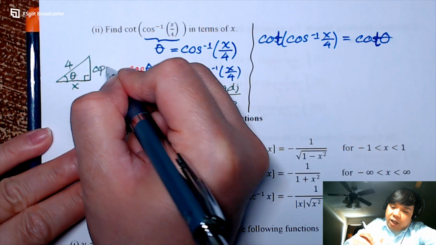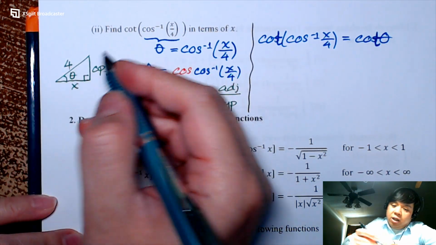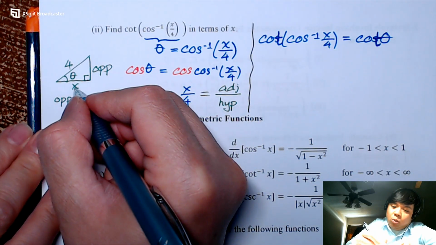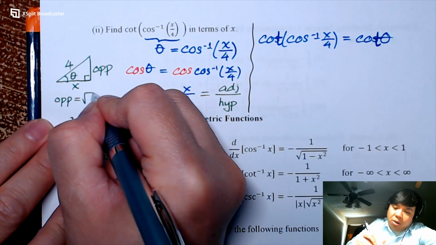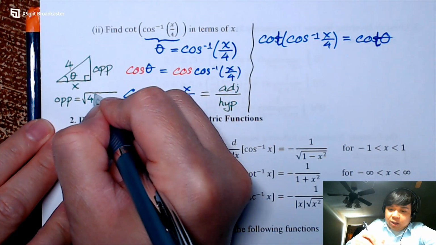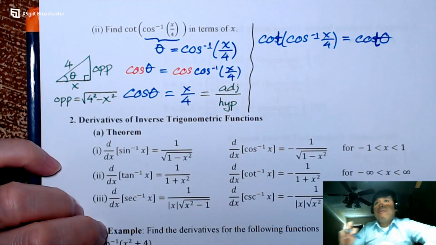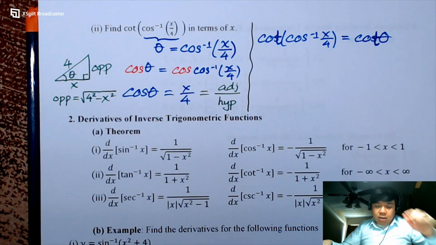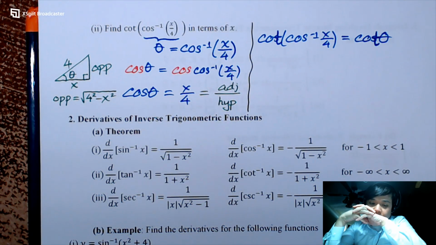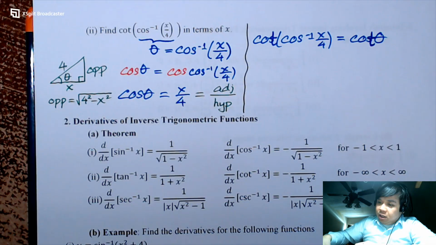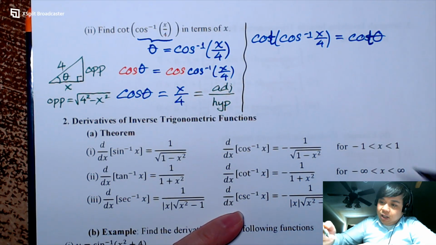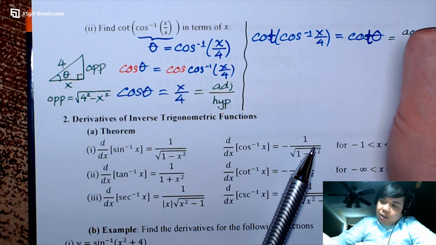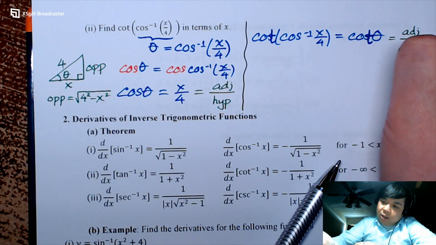With that we can compute the opposite. So the opposite square plus x square equals 4 square. So opposite is equal to the square root of 4 square minus x square. And that is the opposite. And cotangent of theta, cotangent is adjacent over opposite.